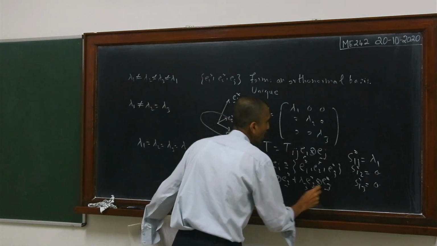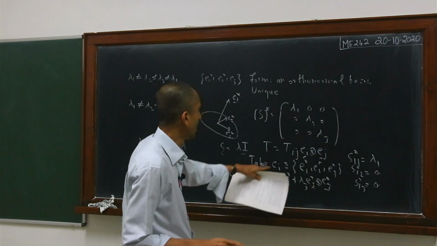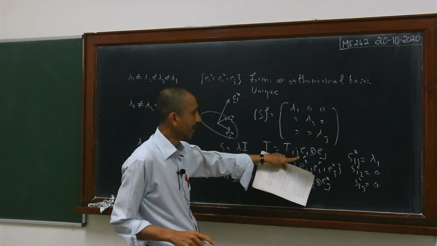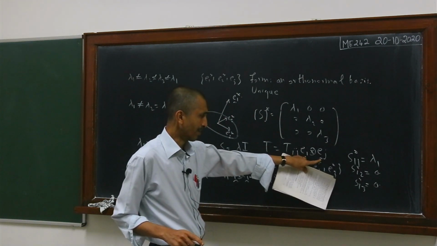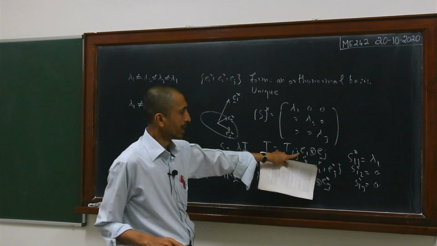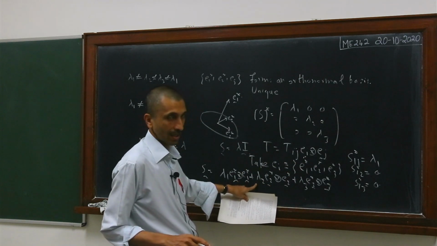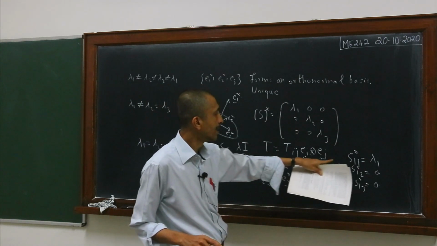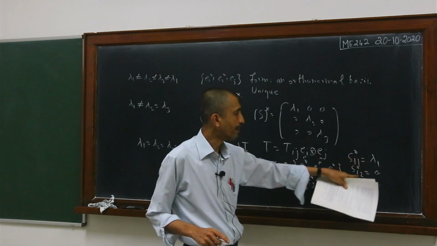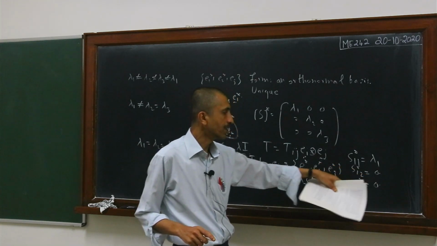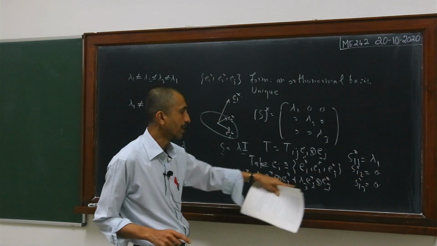I hope it is clear how we got this. I am simply taking S11 times E1 star dyadic E1 star plus S12 E1 star dyadic E2 star, applying this formula to a symmetric tensor, and since the components are given by S11 star equal to lambda 1, S12 star equal to 0, and so on, I get this particular representation.